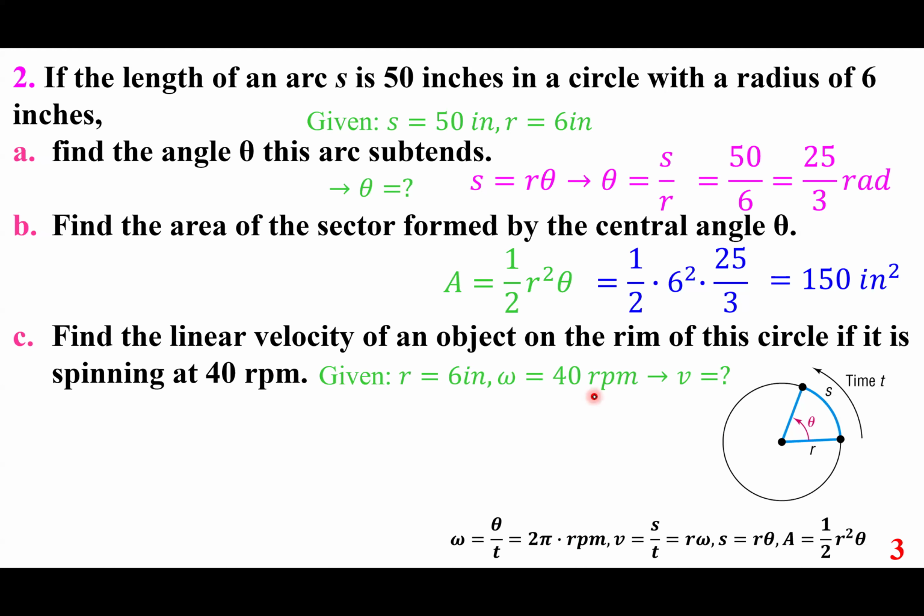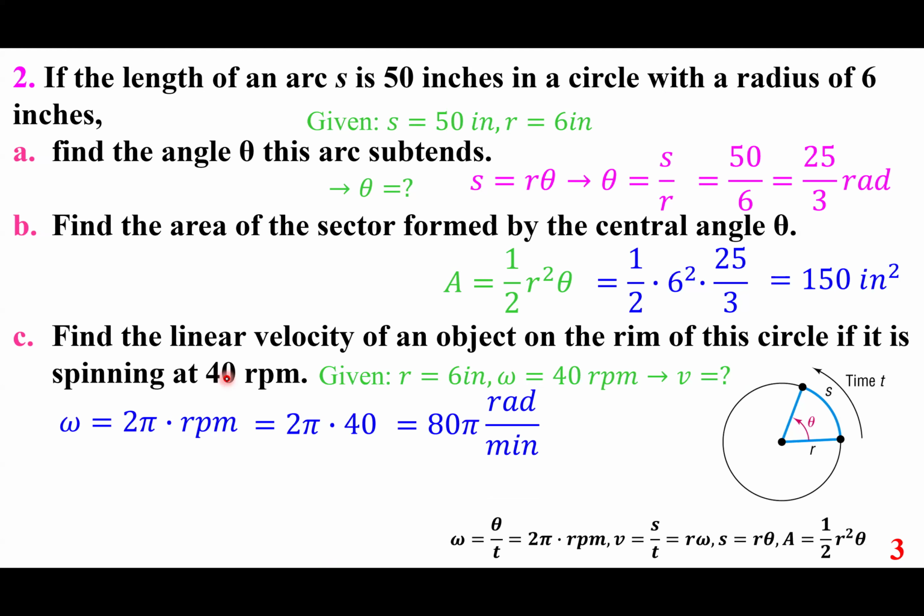So first and foremost, omega, the angular velocity, is 2 pi times RPM or RPS with the proper units. So 2 pi times 40 results in 80 pi radians per minute.